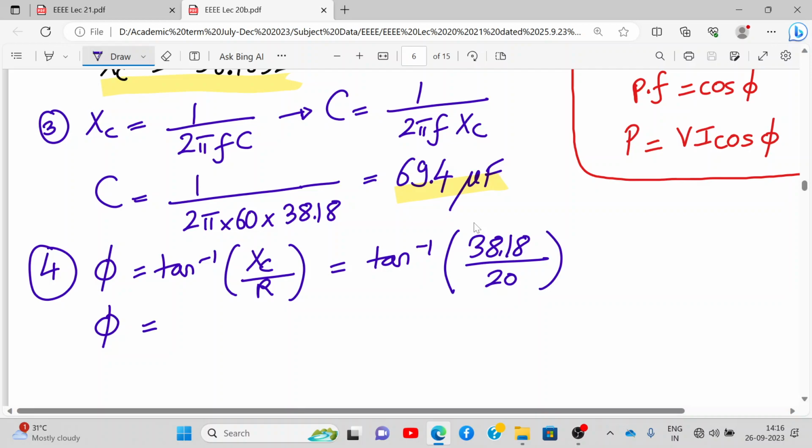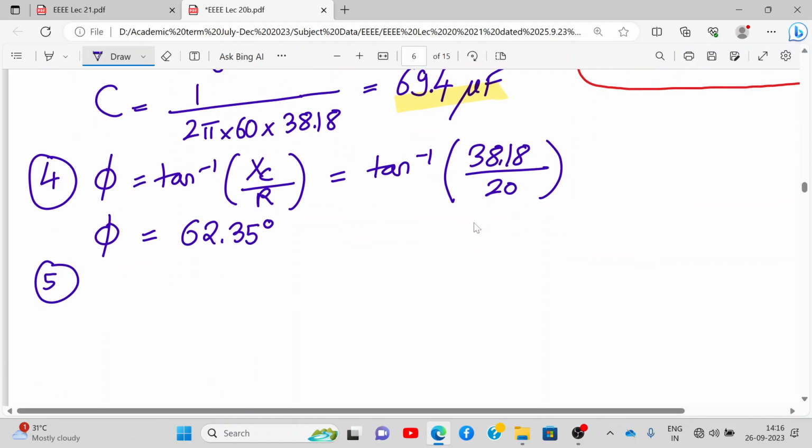How much is the value? 62 point... degrees. Okay. Now what will we calculate next? We need to calculate power factor. So power factor will be cos phi. Calculate cos of 62.35. How much is the answer?